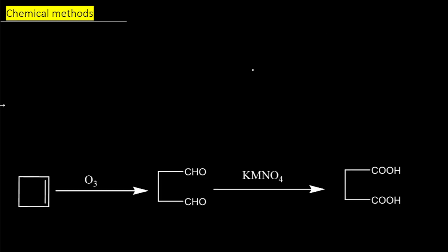Next is about the chemical method. This is an example of the old chemical methods that were used when NMR was not available. This is a cyclobutene.